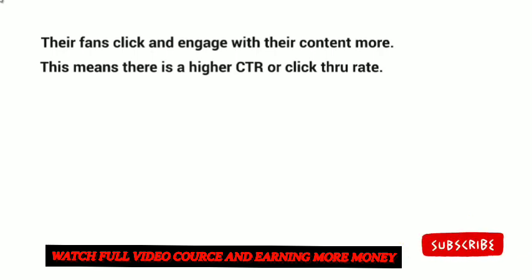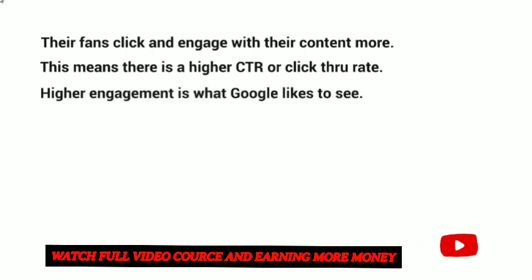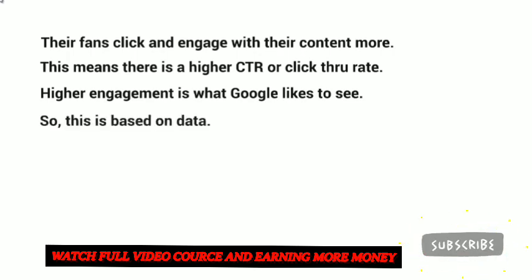So if you have fans that really love a specific brand, they're most likely going to come back over and over again, right? So higher engagement is what Google likes to see. Higher engagement means that the fans really like the content. This is based on the data that we have received and observed.